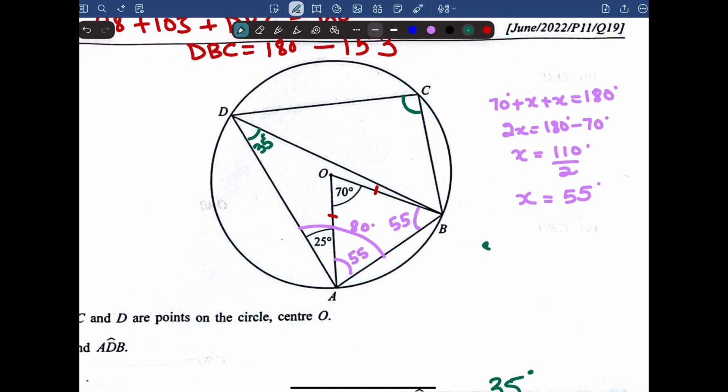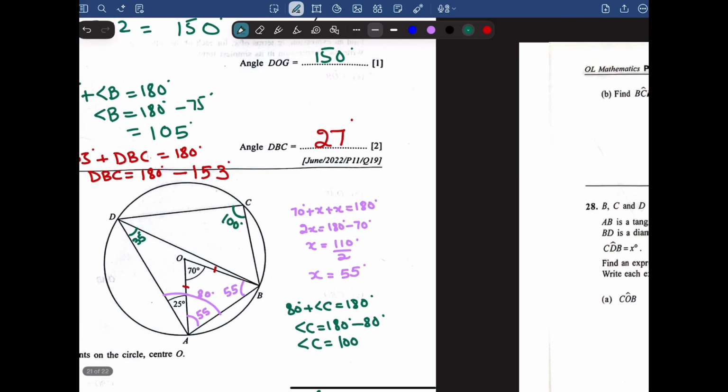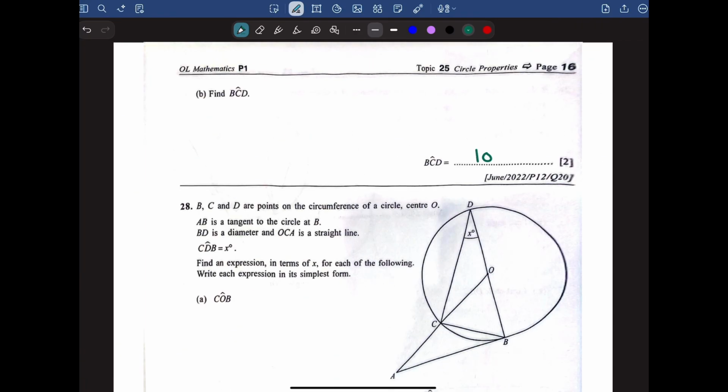So 80 plus angle C should be 180. So angle C is going to be 180 minus 80, giving us angle BCD as 100 degrees. Okay, so angle BCD is 100 degrees.